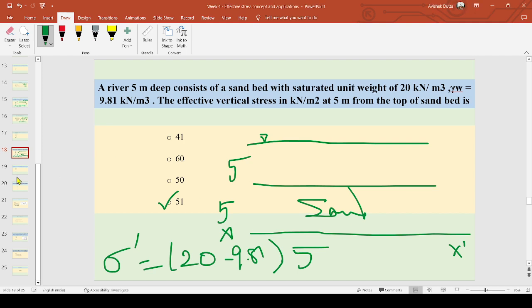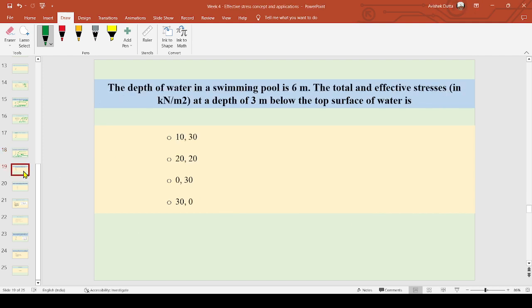Next question. The depth of water in a swimming pool is 6 meter. Find the total and effective stress at a depth of 3 meter. Whatever the depth may be, we are asked to calculate the pressure at a depth of 3 meter. This is only water.